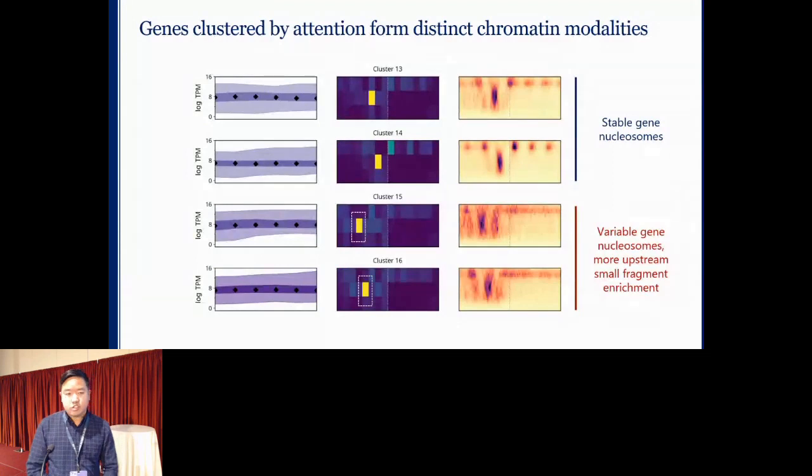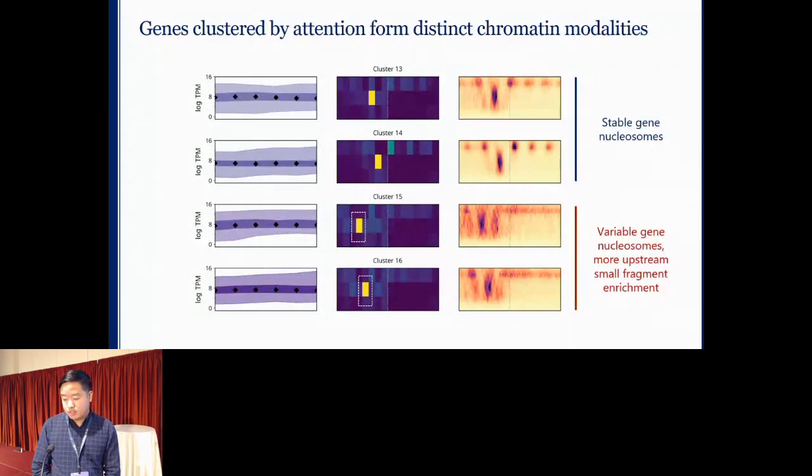But also, there's an interesting idea where these four clusters have some different modalities in the gene transcription. So the first two clusters, the nucleosomes look much more well positioned, as you can see in the top right plots.